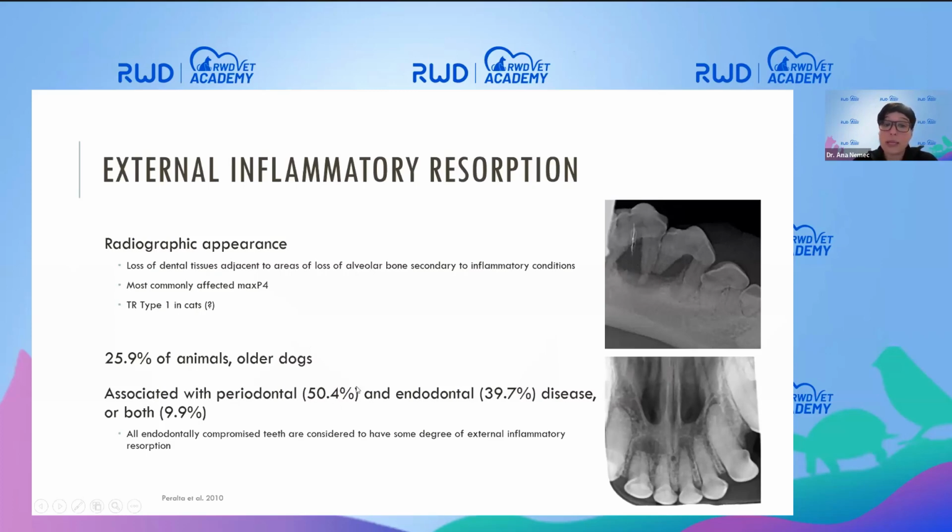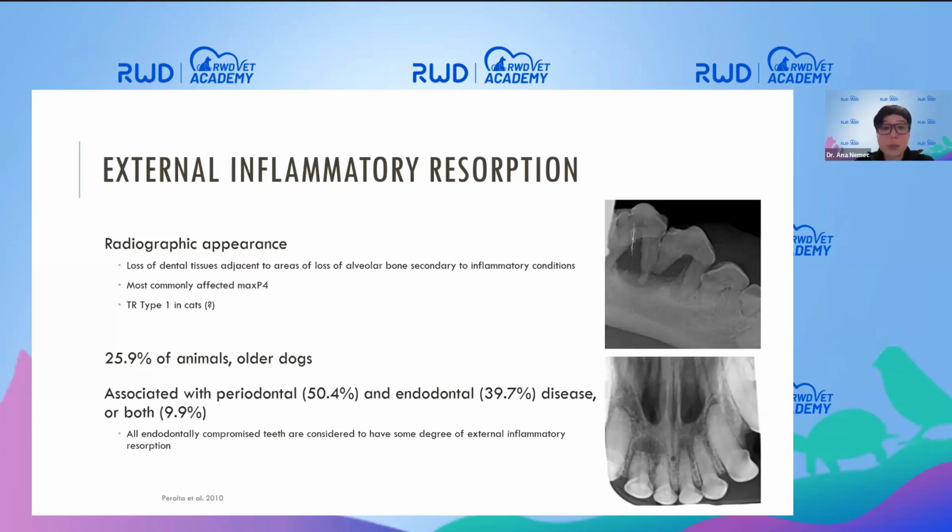That is usually the case in 50% of cases with external inflammatory resorption. About 40% of cases are associated with endodontic disease, so pulp diseases. By definition, as we said, this needs to be treated because not only are these exposed to the oral cavity, they are also inflammatory in nature.